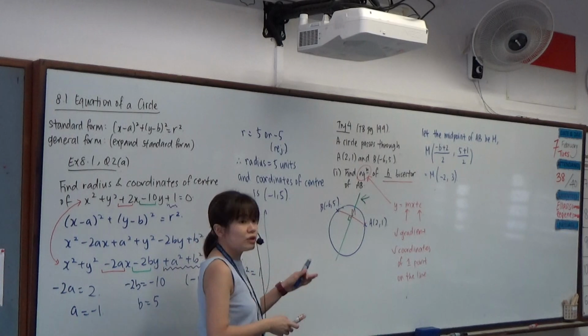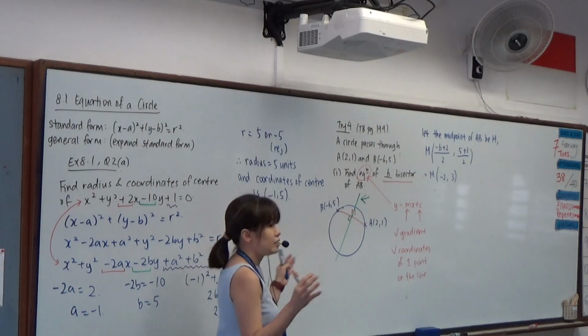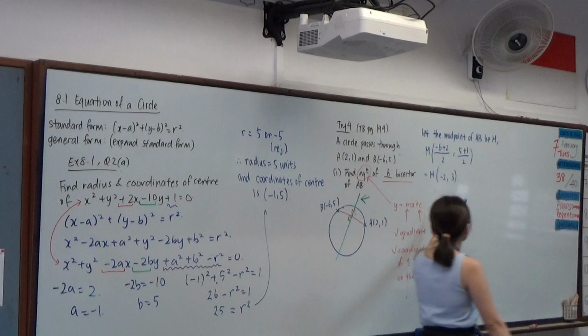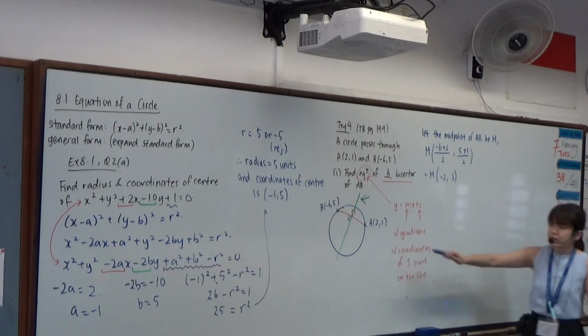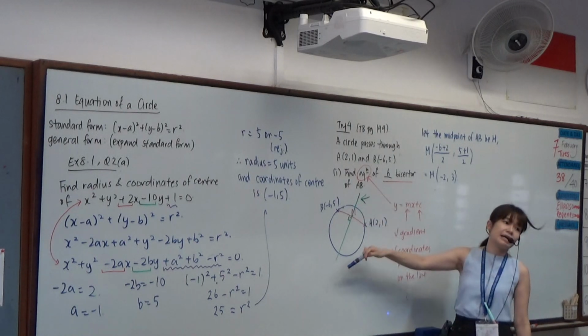So I need these two pieces of information to form my equation of a straight line. We found the midpoint already, and this midpoint is actually on the perpendicular bisector itself.